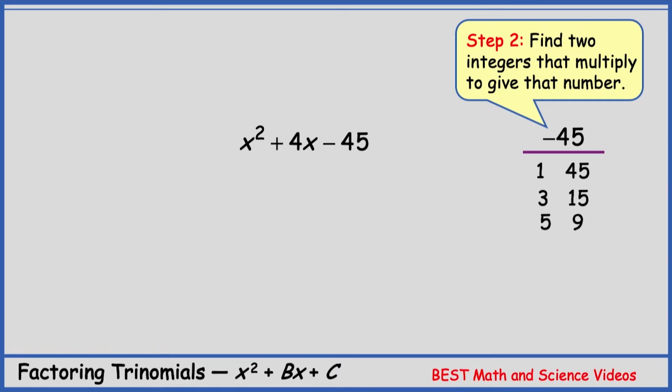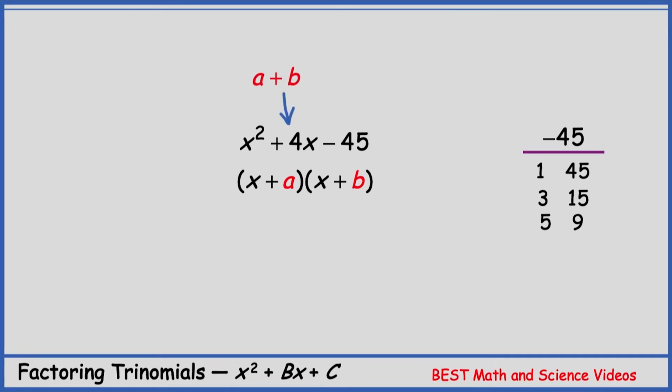But since the product must be negative 45, one of the integers must be negative. Remember that the factored form of the trinomial is x plus a times x plus b. And you need to find the numbers a and b where a plus b is equal to 4 and a times b is equal to negative 45.